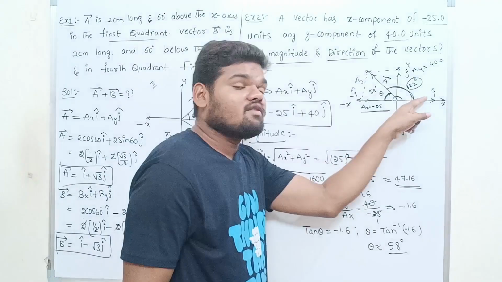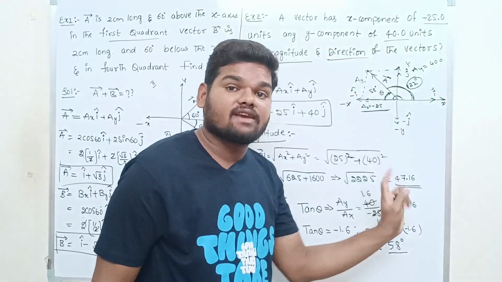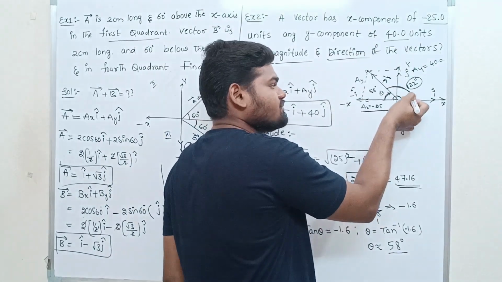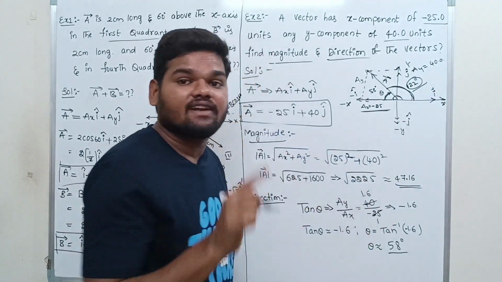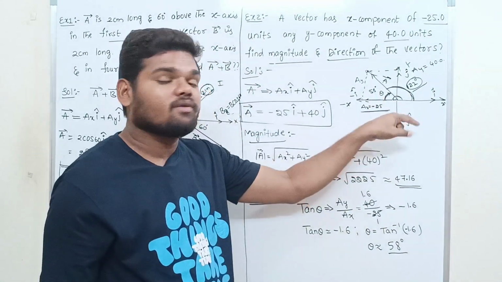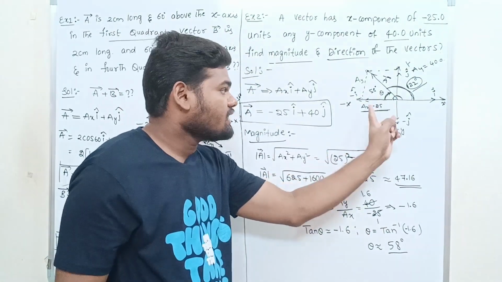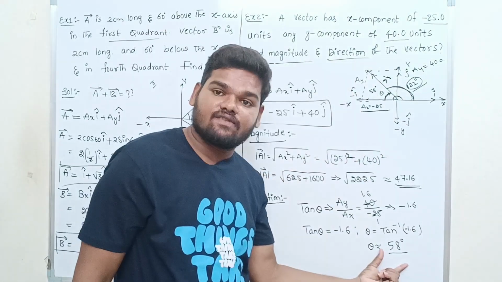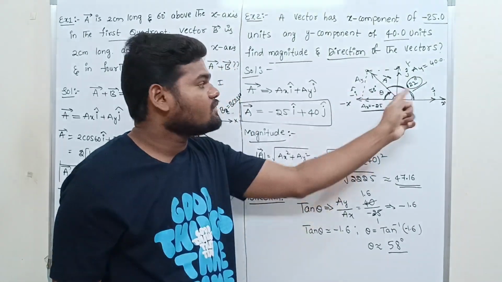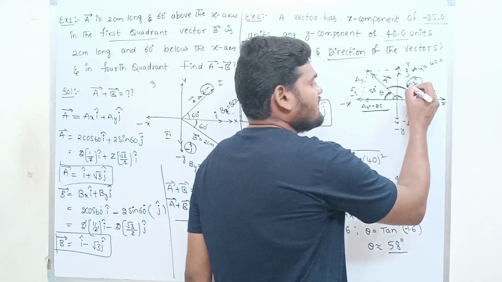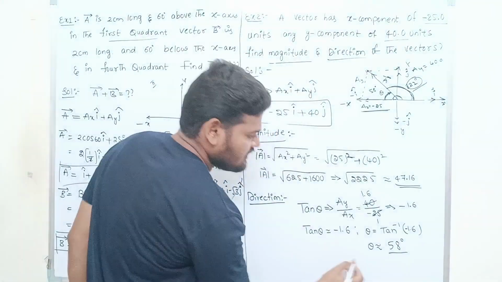122 degrees. Now if you want to say it with respect to the positive x-axis, this a bar vector is making an angle of 122 degrees with the positive x-axis. With respect to the negative x-axis, it was making 58 degrees. With respect to the positive x-axis, it is making 122 degrees.